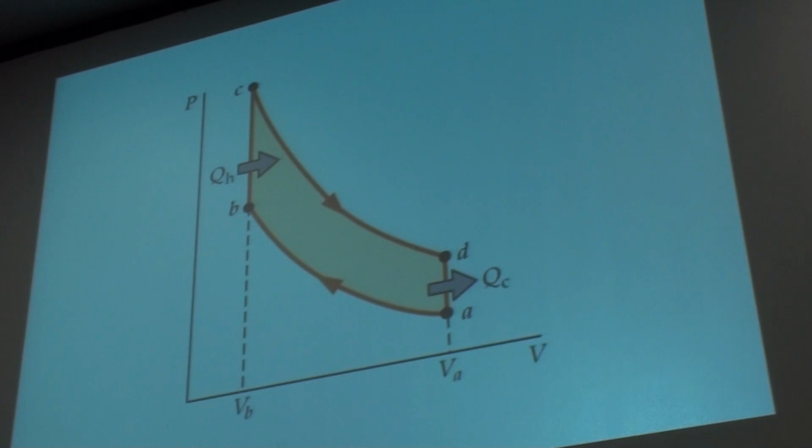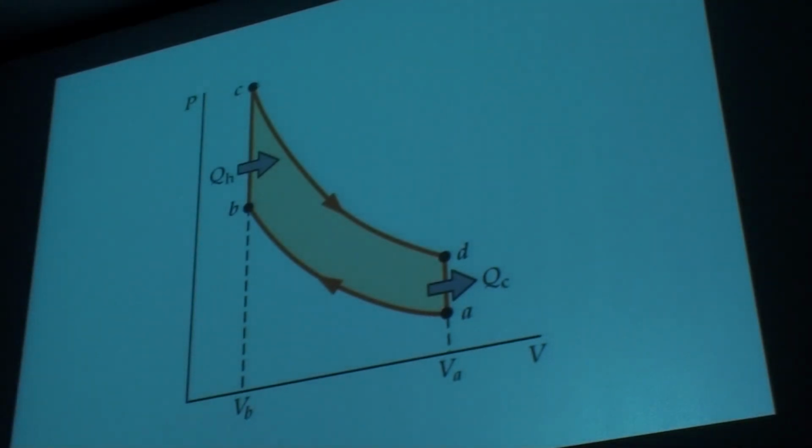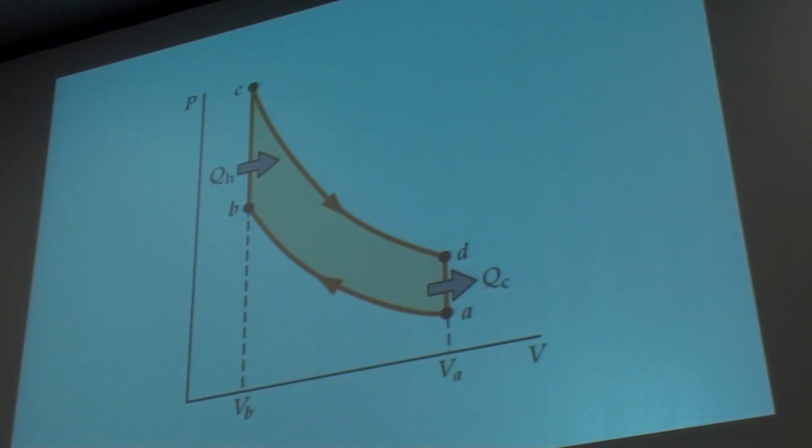And so in the Otto cycle, we start out with point A, at some lower temperature and larger volume. Then we have a compression to point B, and then a sudden increase in pressure, which occurs when the piston is experiencing an explosion from the spark plug igniting the gases.